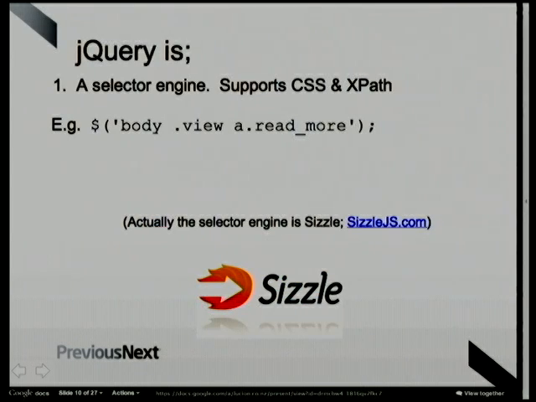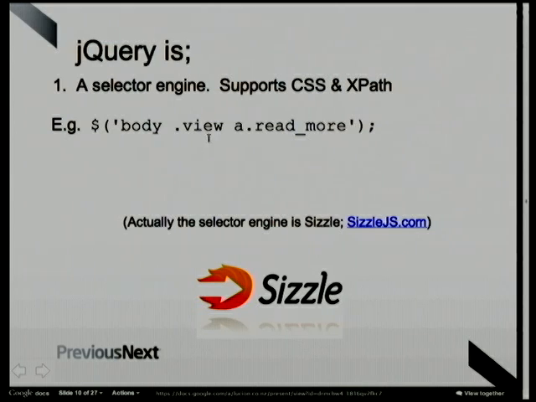It's actually made up of 2 parts, a selector engine, which can understand CSS selectors to find an element on the page or in the DOM. The selector engine also supports XPath, which is, if you like, an alternate syntax for CSS, but it has different applications.